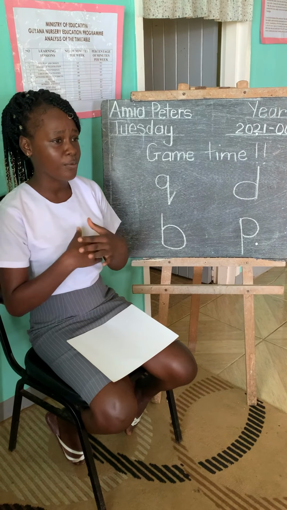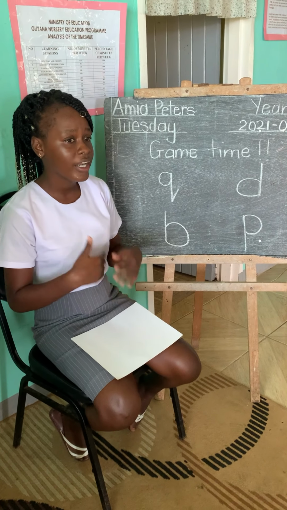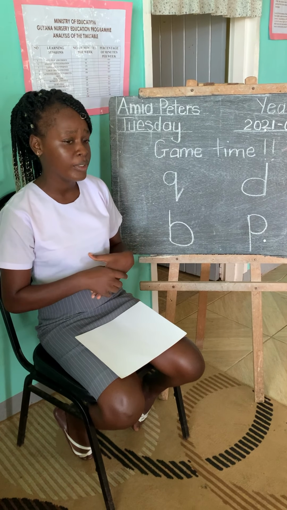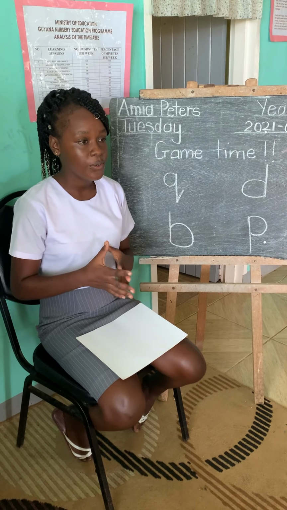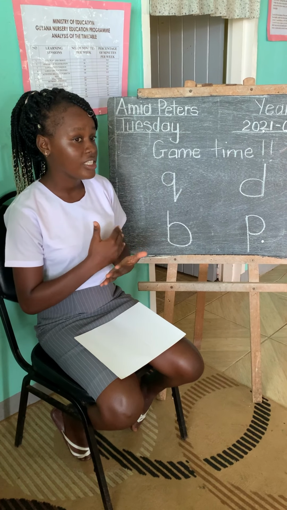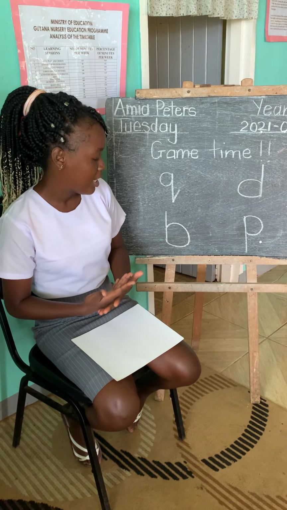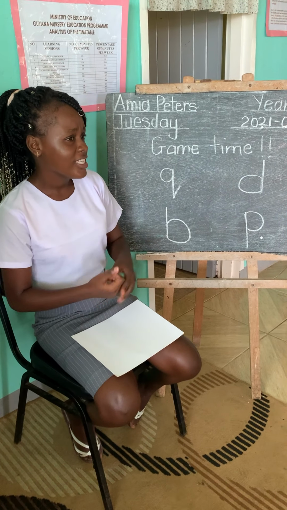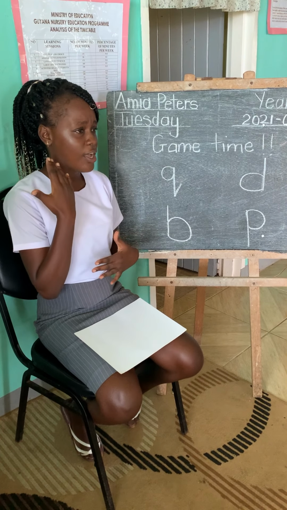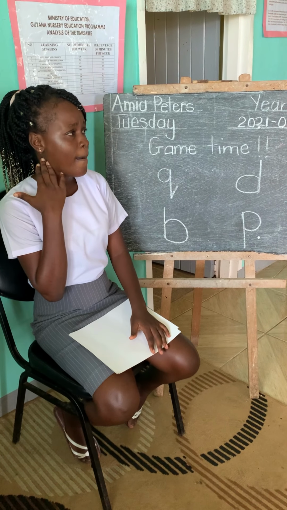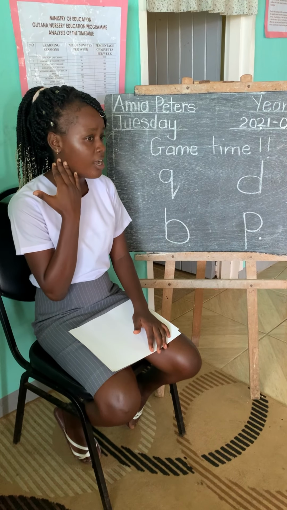Now let us get Gregory. Now on the board, I'm going to call another letter from the board. I'm going to tell you the letter sound, and I want you to tell me what letter makes that sound. Now, let us listen to this sound. This letter makes the B sound.